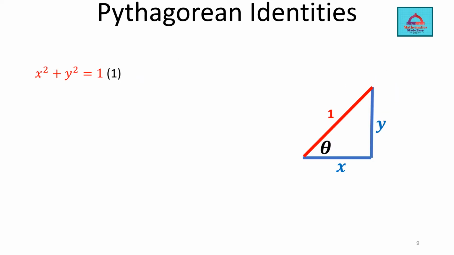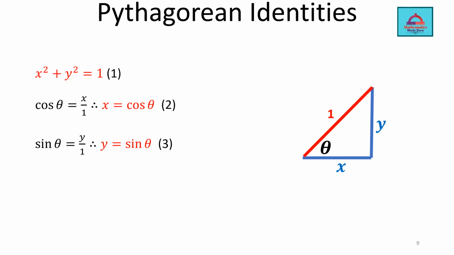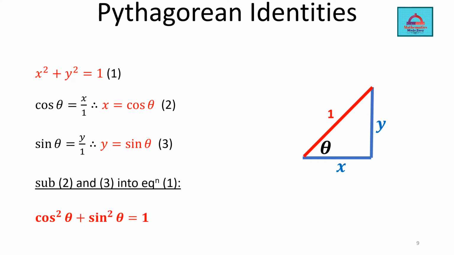Its equation is this. Now from here you can write cos theta as x and sine theta as y. So the first Pythagorean identity becomes sine square plus cos square equal to 1.